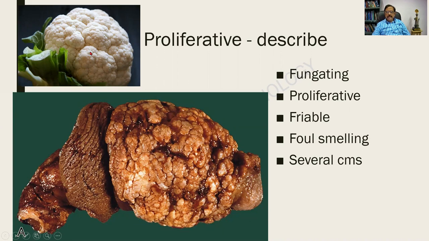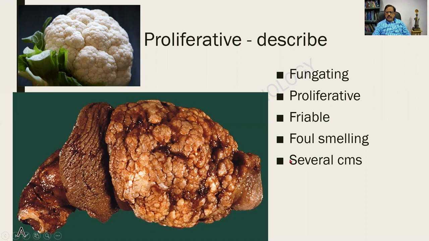This is analogous to the vegetable that you see at the inset. This is a cauliflower, and it looks almost exactly the same. So it is proliferating, friable. If you nibble at it, it will come off. It has exactly the same property.